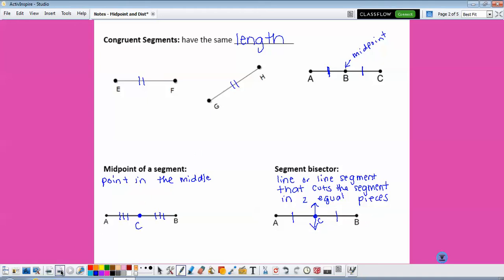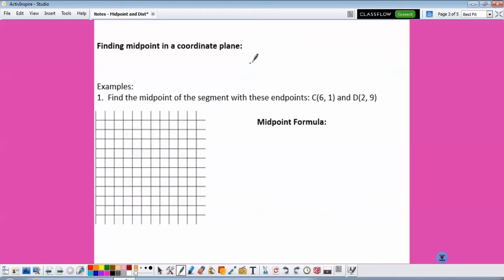Now, how do we find the midpoint? To find the midpoint on the coordinate plane, we have our midpoint formula. X sub 1 plus X sub 2 over 2, and Y sub 1 plus Y sub 2 over 2 equals our midpoint. So find the midpoint of the segment with the endpoints 6, 1 and 2, 9.